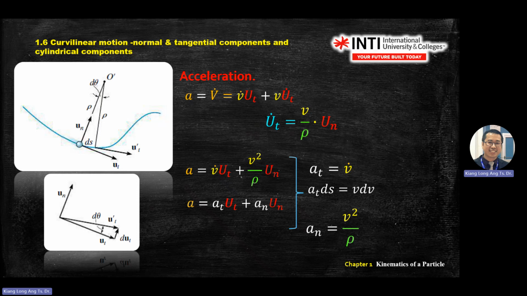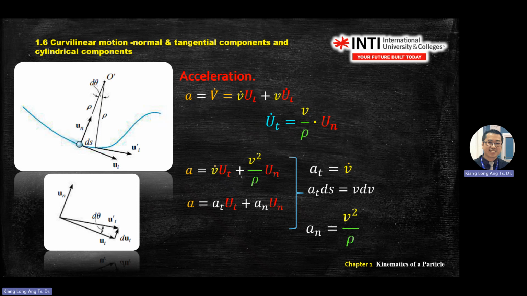Then you copy this, plus what is A_N? A_N equals V squared over rho. What is rho? Rho is the radius of the curve.